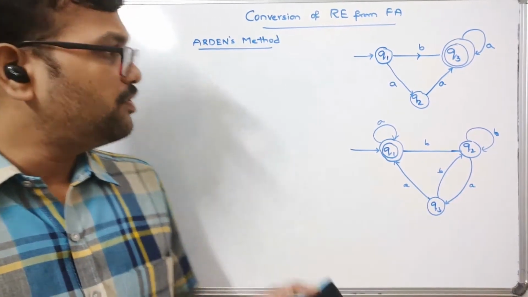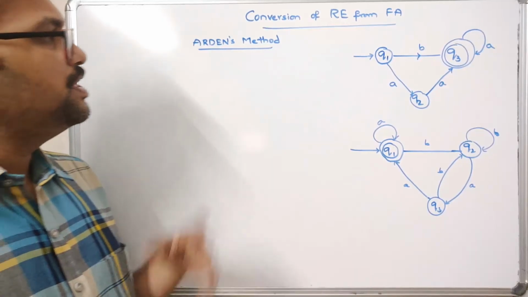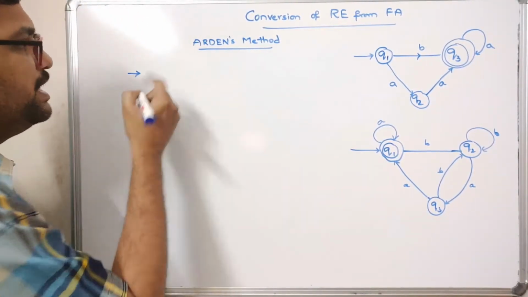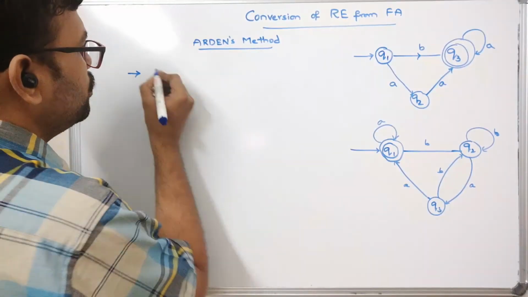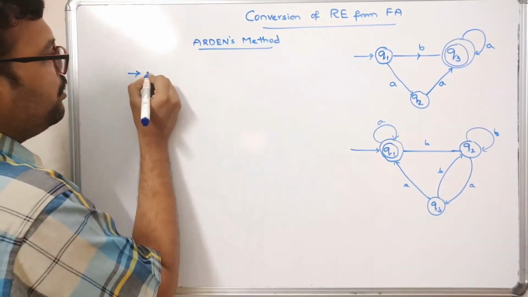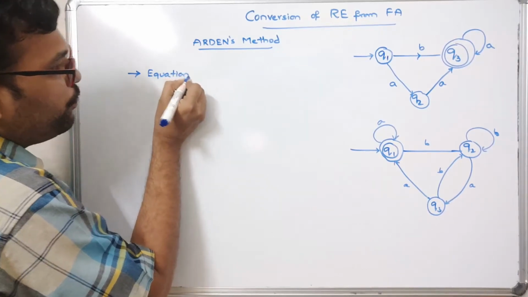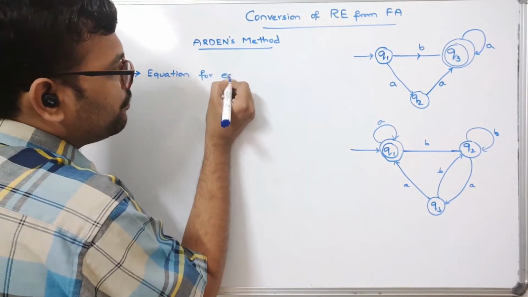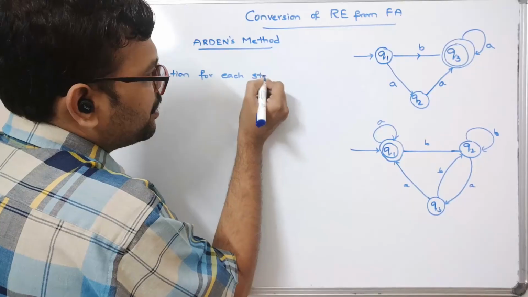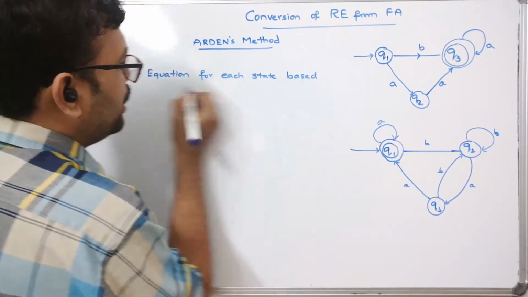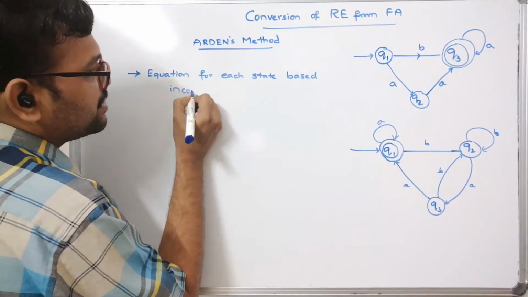Yes, welcome back to our session. Here we'll see Arden's method first. The first step in Arden's method is to write down the equations for each state based on incoming edges.